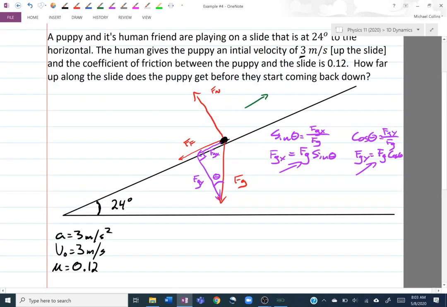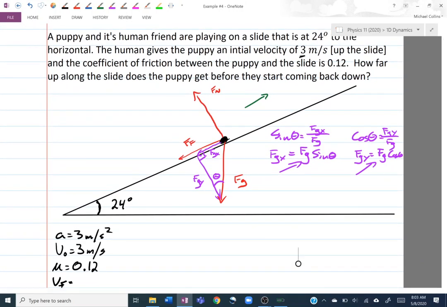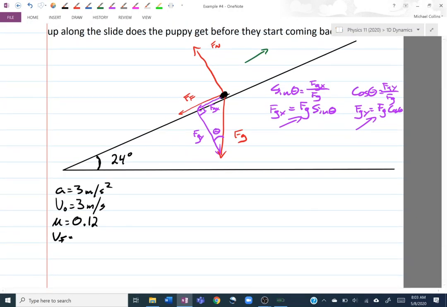And I also can tell one more thing from the question. You should be challenging yourself and ask, do I know one more thing? I do know my final velocity, because I want to know how far up along the slide it gets before they start coming down. As you switch directions, your velocity must, for a brief instant, be 0. And those are all the important details from the question.